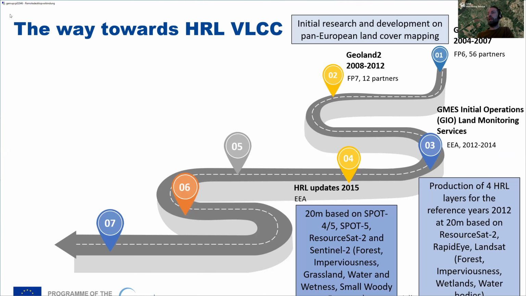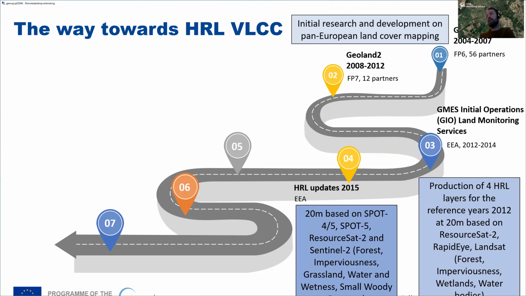Another update, so then entering a 3-year update cycle, was done for 2015, still at 20-meter, mainly still on Resourcesat, Spot 4 and 5. And then only in late 2015, the very first Sentinel images became available. The portfolio was then slightly rearranged, so there was still forest and imperviousness.